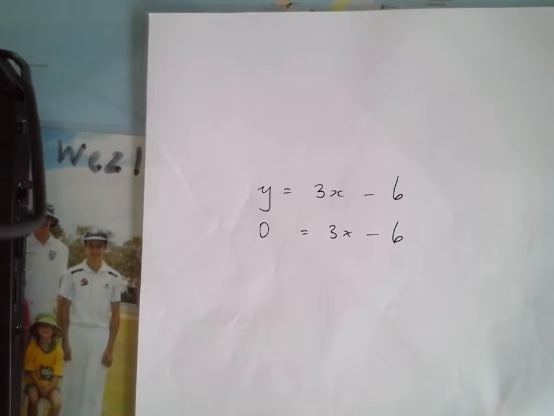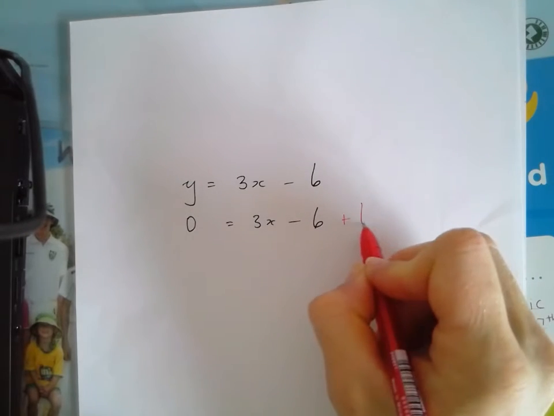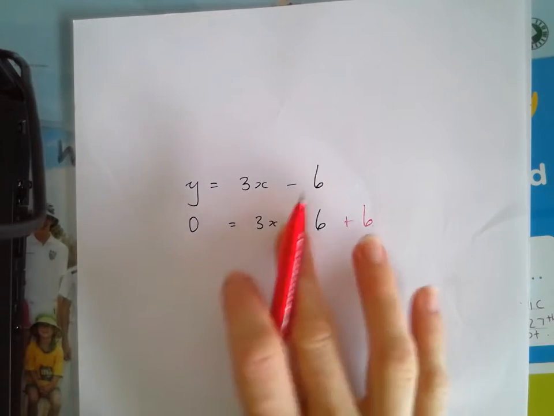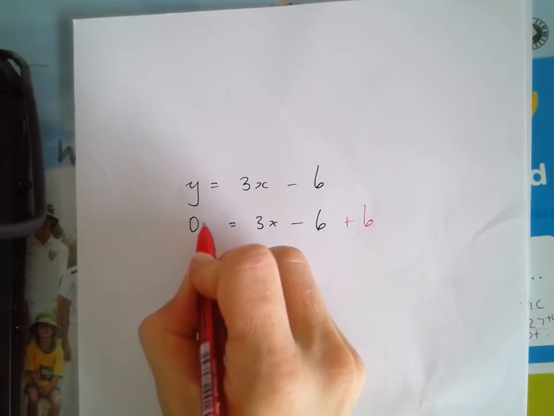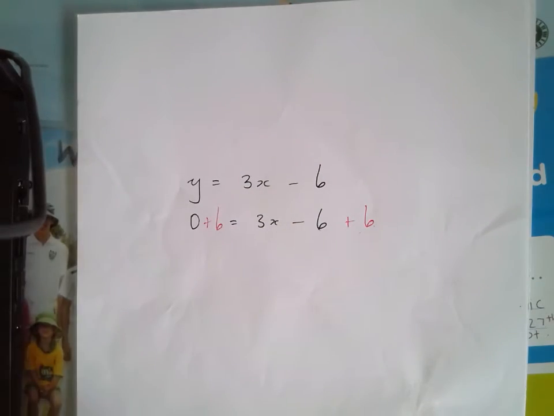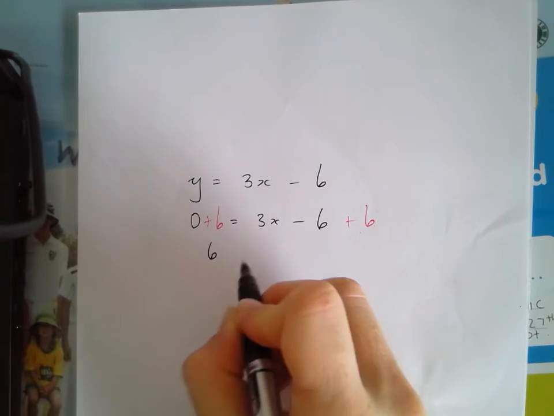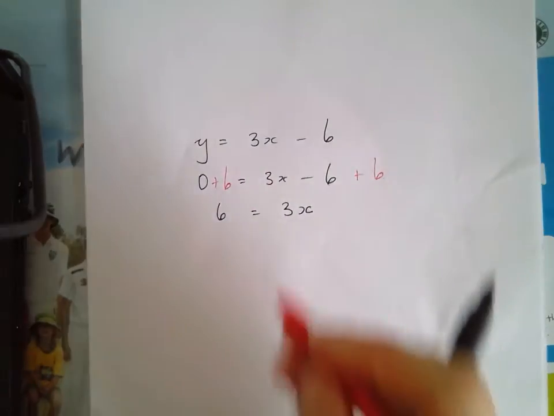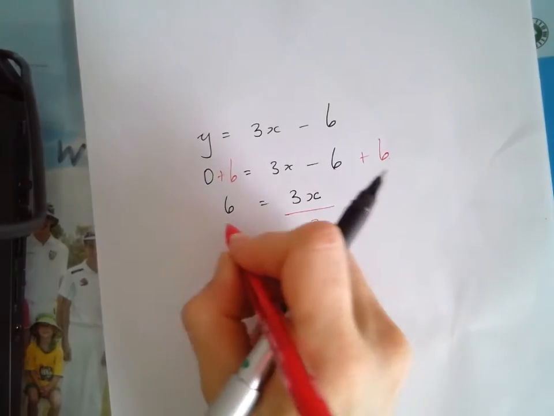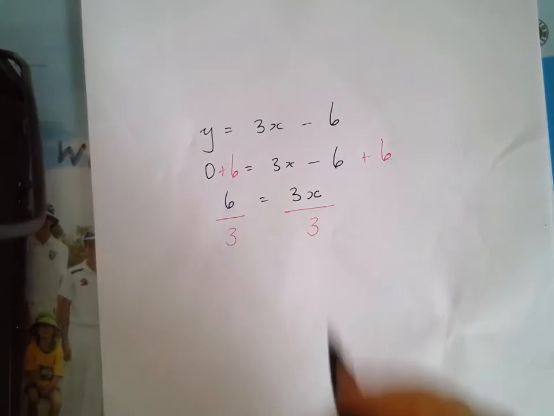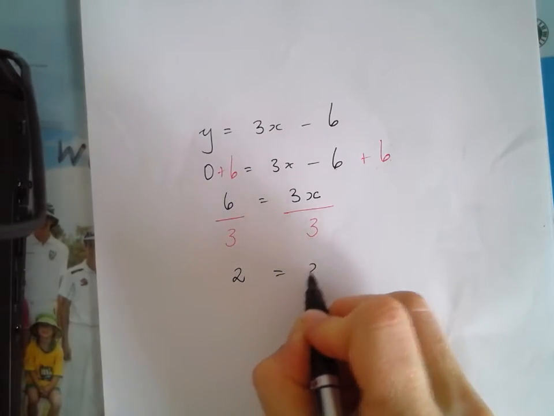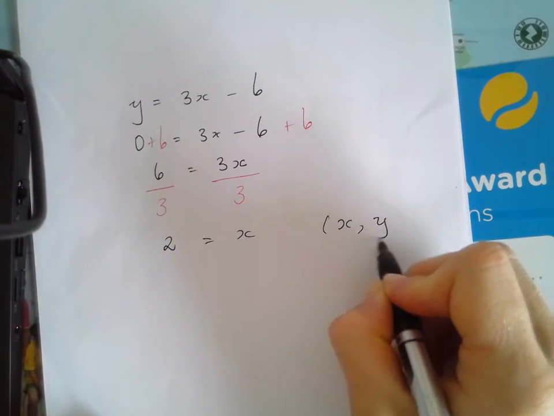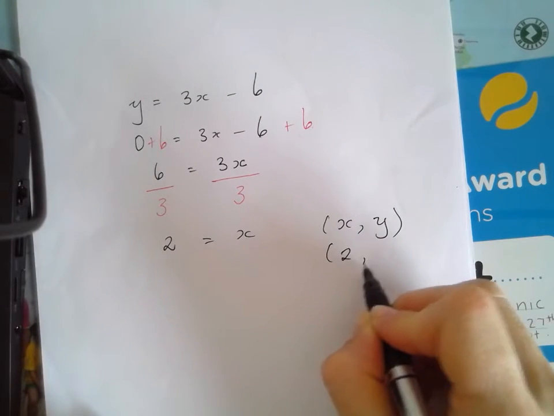To get rid of this take away 6, we have to do the opposite, because -6 and +6 gets you to 0, so we're cancelling that out altogether. What you do to one side, you must do to the other side. So the left hand side of the equation now has a value of 6. The right hand side has a value of 3x. We're going to divide that by 3. So 2 equals x. So your x and y coordinates are 2, 0.